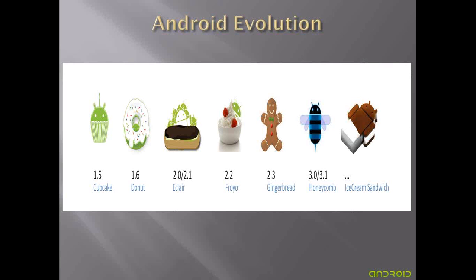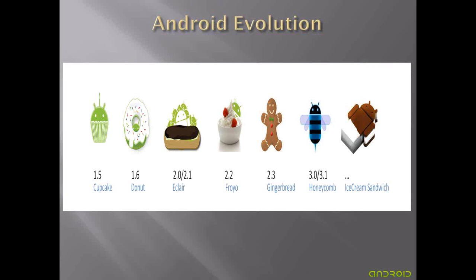And Android 4.0, 4.1, all of these are made for phones. If you revise this slide again, 1.5, 1.6, 2.0, 2.2, 2.3, up to 2.3, these are meant for phones, and 3.0 is exclusively meant for tablets.